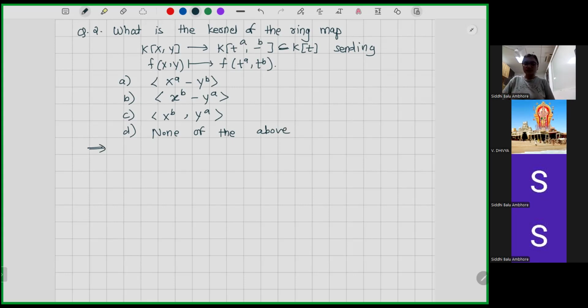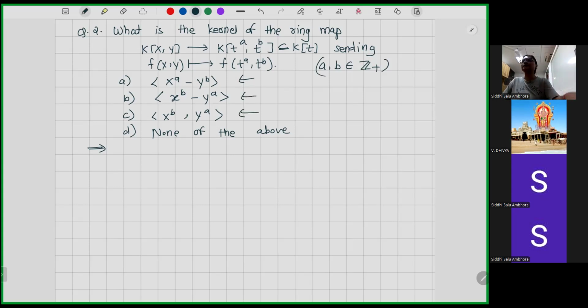So, any guesses here? What will be the answer? If we consider this, for any given a, b belonging to Z plus, these are positive integers. Can you guess when we can say that this will always follow, or this is the kernel?